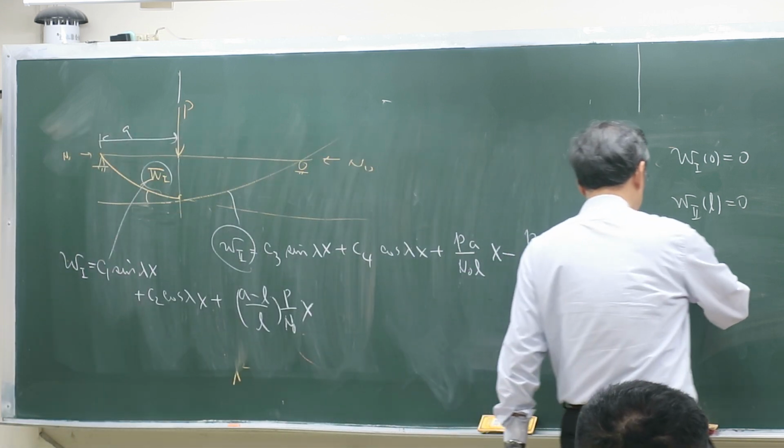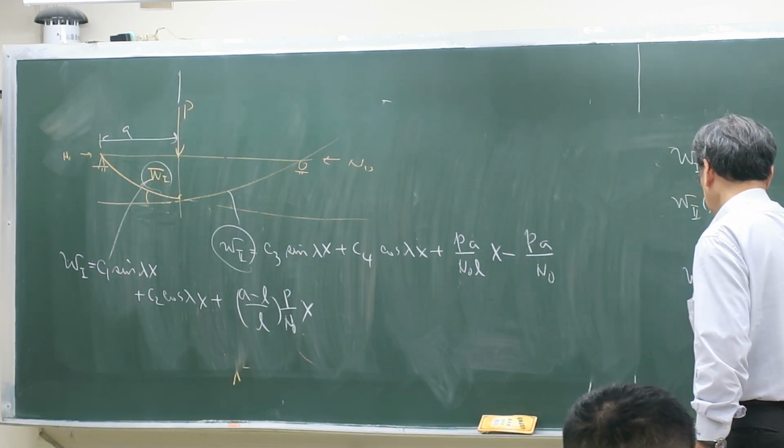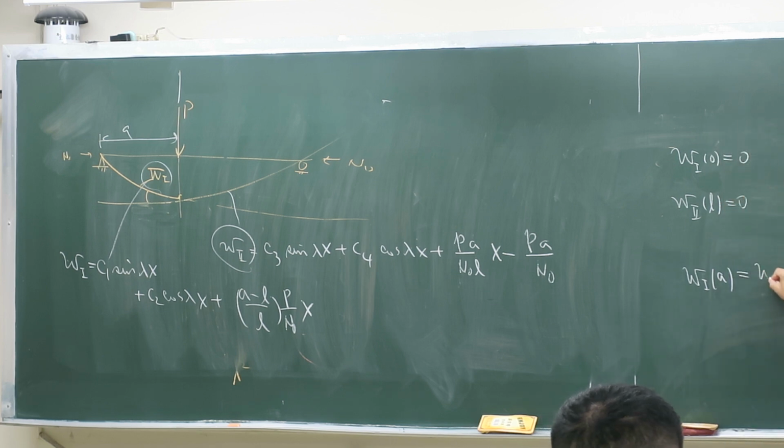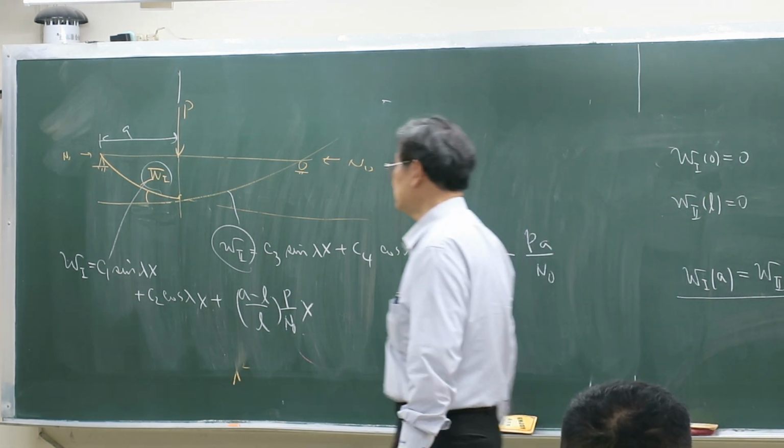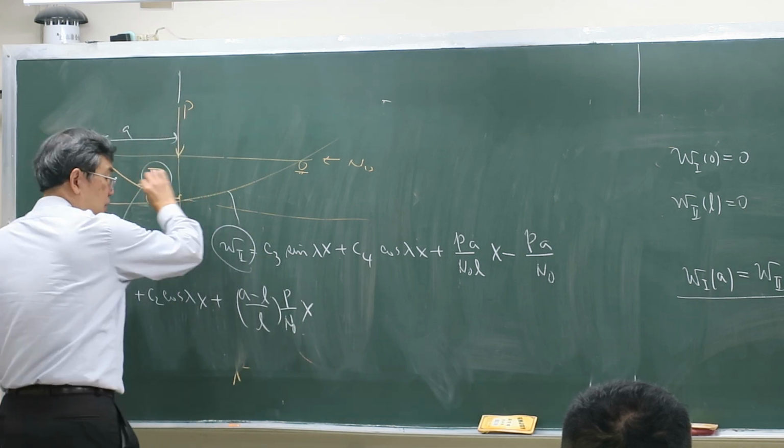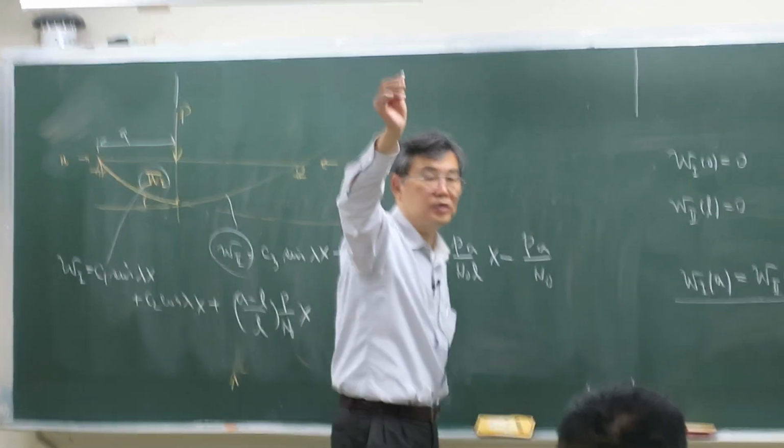We have W1 at A should be equal to W2 at x equal to A. Okay, the third equation. And the fourth equation will be the slope, because this beam is deformed continuously.